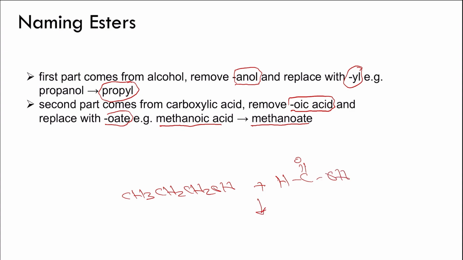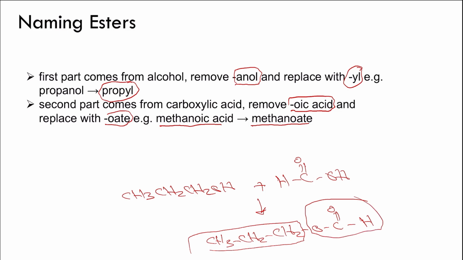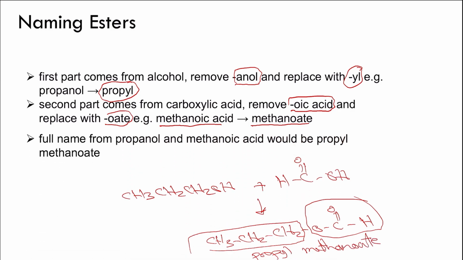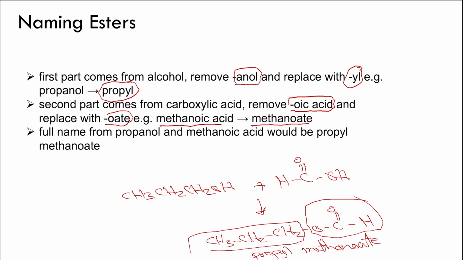When they react together, I'm going to draw the alcohol part, CH2O, and then the acid part, CO and H. This is going to be called propyl methanoate. The full name from propanol and methanoic acid is propyl methanoate.